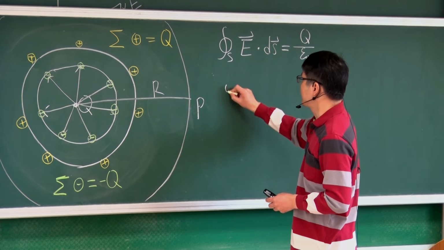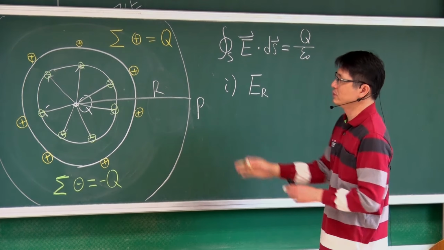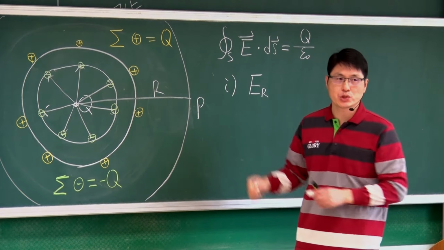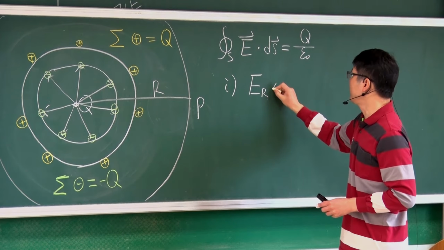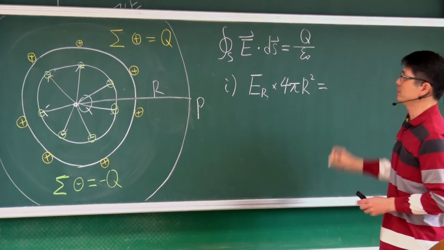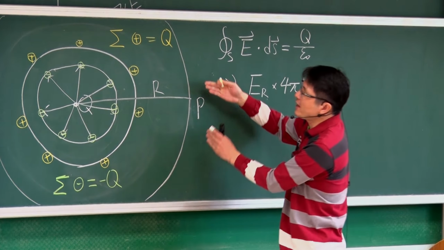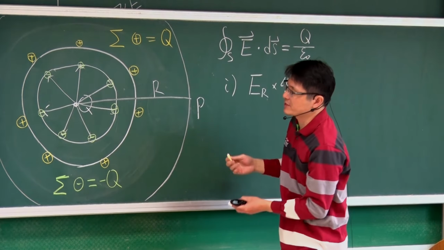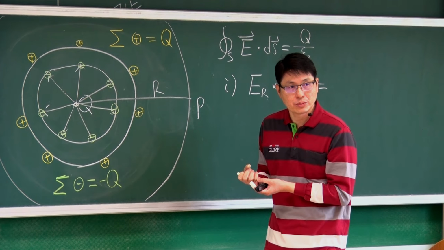Now, for this case, I know that due to spherical symmetry, all the field lines are radial, and I know the surface area is 4 pi r squared. And then the question is, for this enclosed surface, how much charge is being encompassed? Well, let's count.